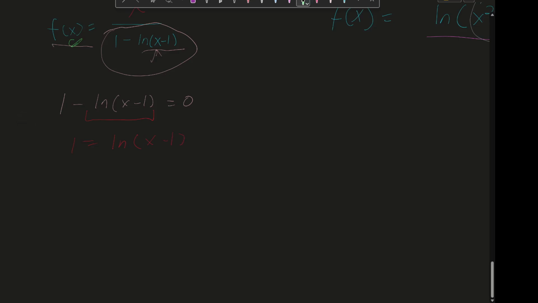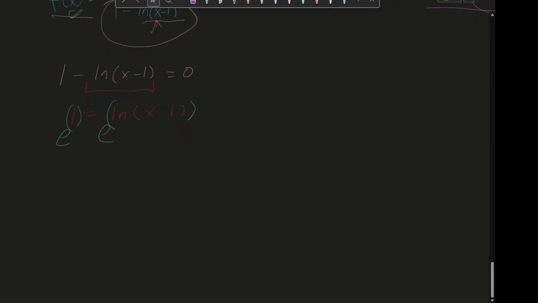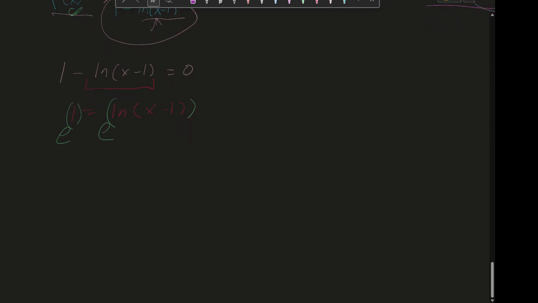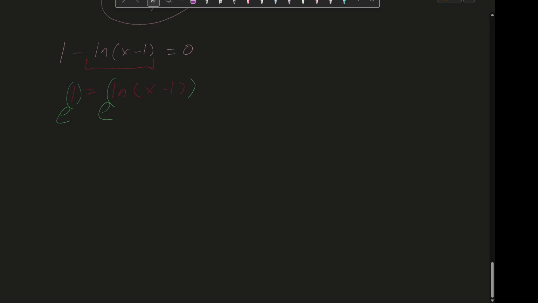And then from here you can do what's called exponentiating both sides of the equation, which is a legal maneuver. You just raise everything entirely on both sides to the power of e. And then on the left, you'll have e equals 1. And the way e and the ln function work is they will cancel each other out.